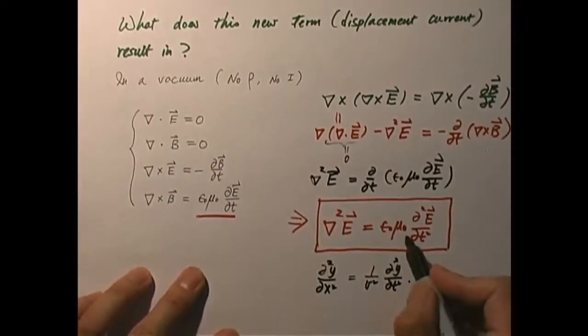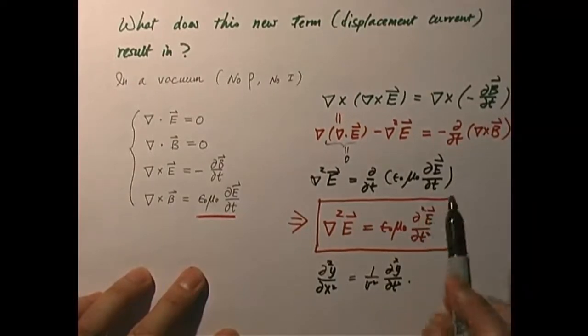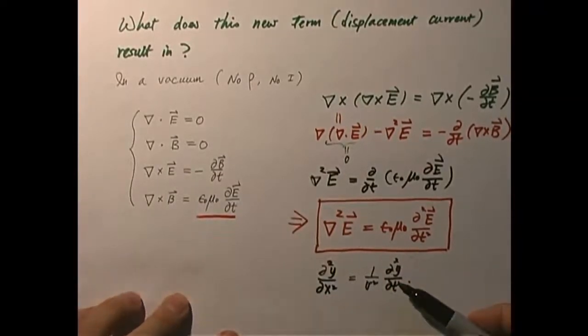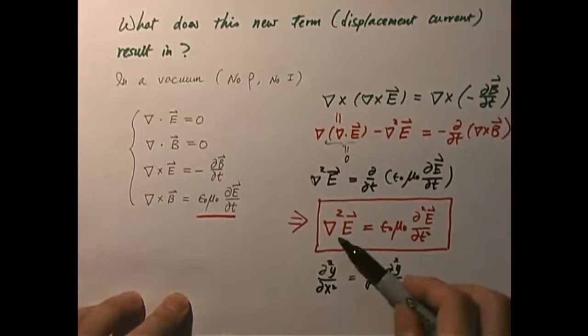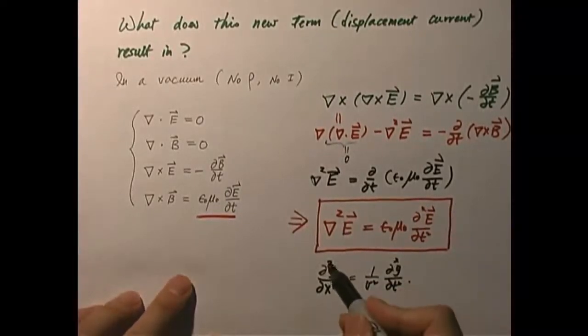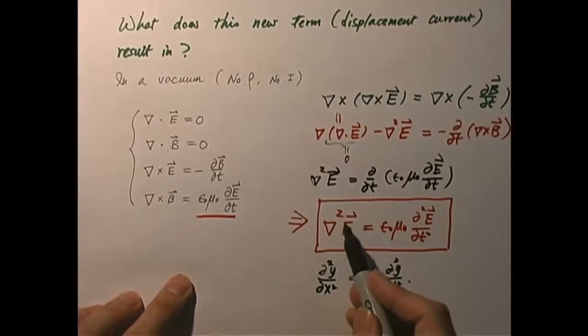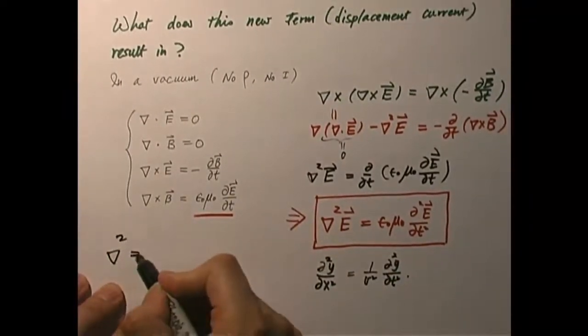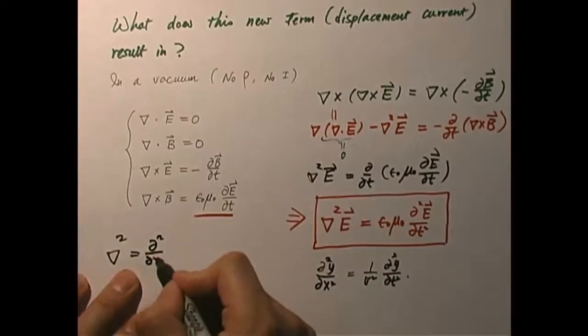And if you compare with our case, all we have here is a three-dimensional extension of this wave function. This is a wave equation in one dimension. This wave can only propagate along the x direction. Here, this wave can propagate along all three axes. That's why you turn second derivative with respect to x only into gradient squared. After all, gradient squared is the sum of these three terms.